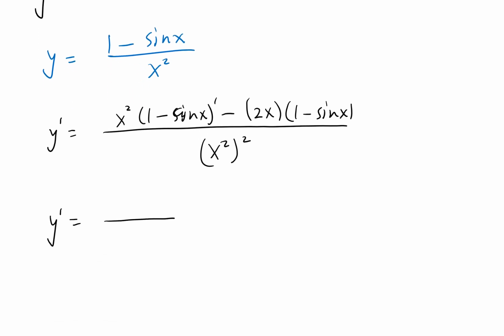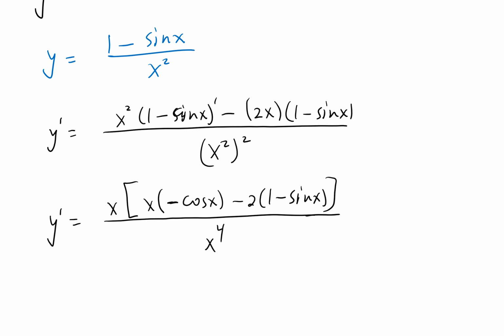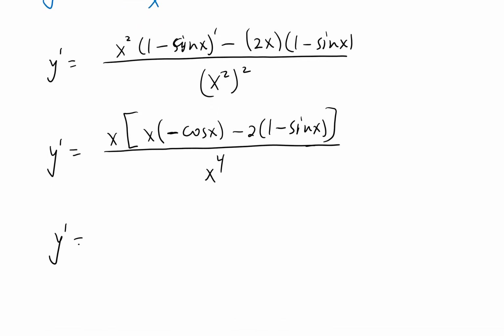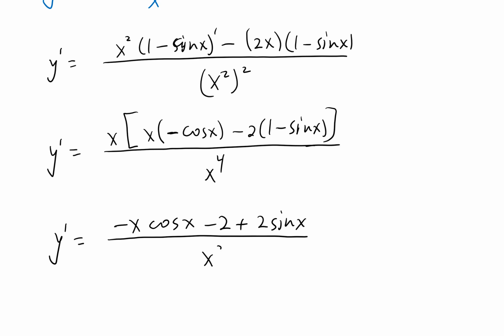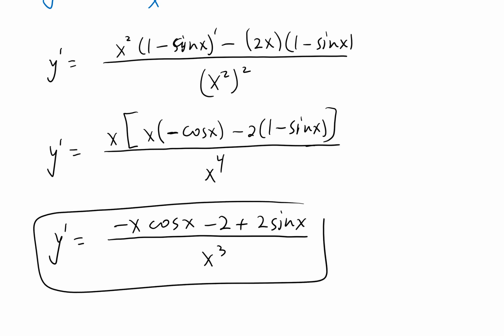So y prime equals, you can factor an x out, so we leave an x times 0 minus cosine x, minus 2 times 1 minus sine x, all over x to the fourth. Then y prime equals, you can reduce the x's, negative x cosine x minus 2 plus 2 sine x all over x to the third, because we reduced the x from the top by x to the fourth, giving x cubed. So this is for sine.